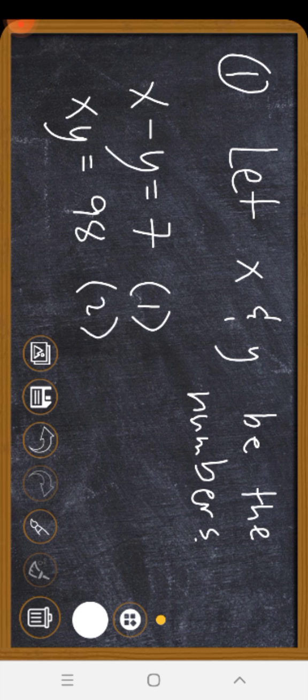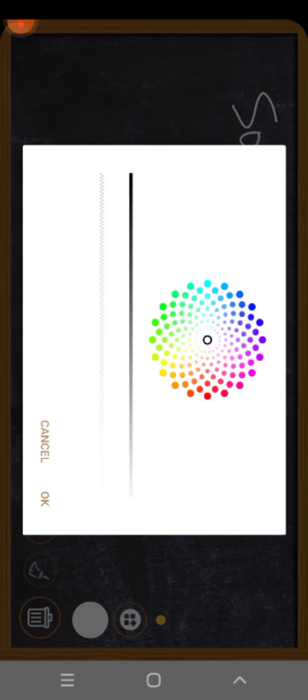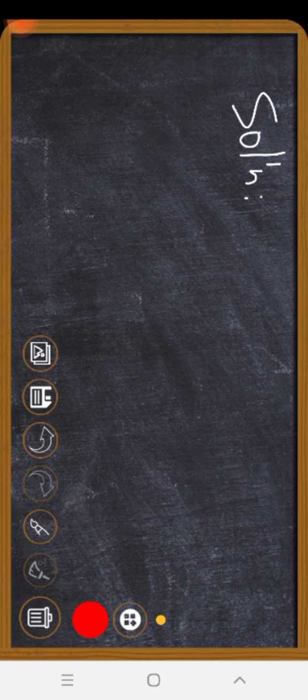So to move on to our solution, right, to solve, so our solution is here. So from equation number 1, we isolate x, meaning you have to transpose minus y to the other side, that becomes positive, and your 7, so that will be y plus 7 equals x.